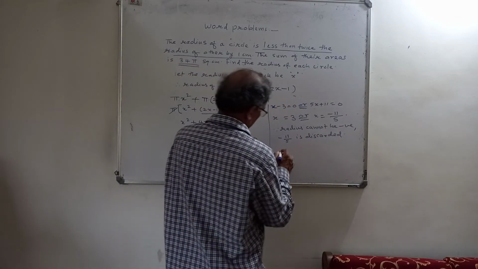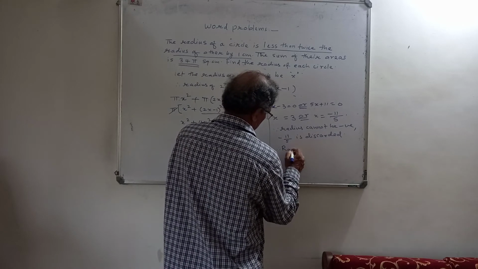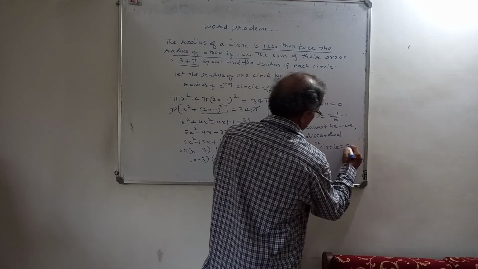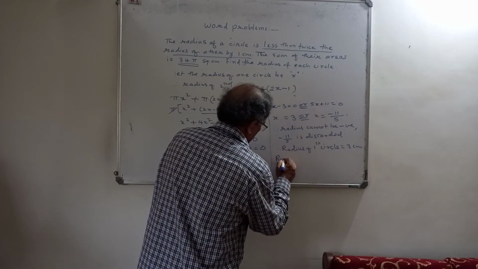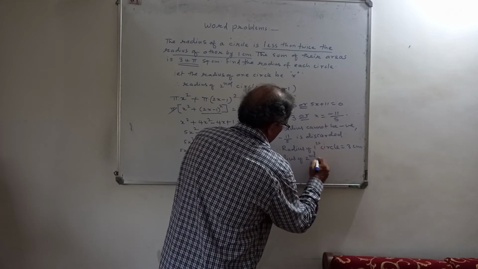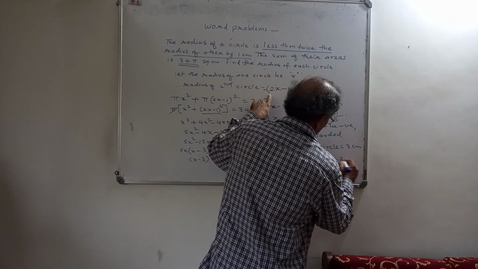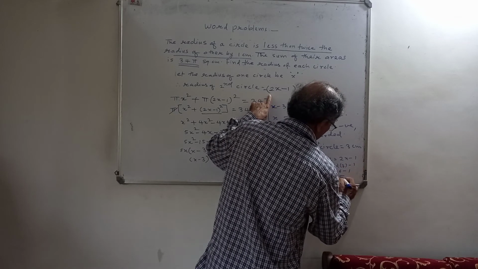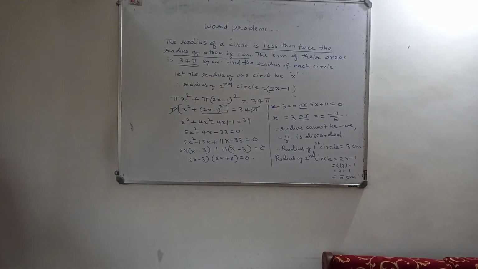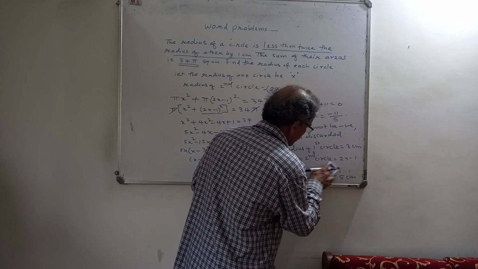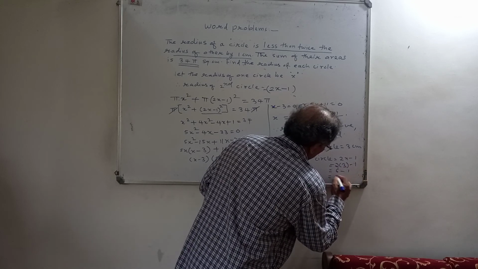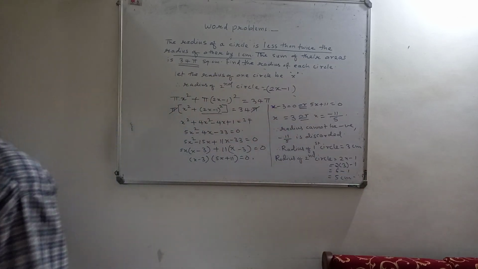So the radius of the first circle is equal to 3 centimeters. And the radius of the second circle, that is 2x minus 1, 2 into 3 minus 1, so 6 minus 1 means 5 centimeters. Okay, so that's how it is.